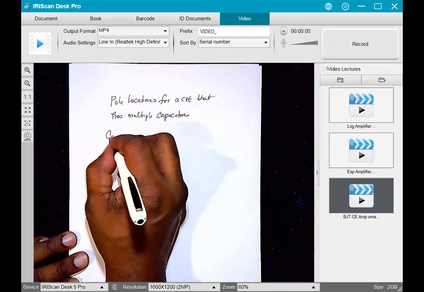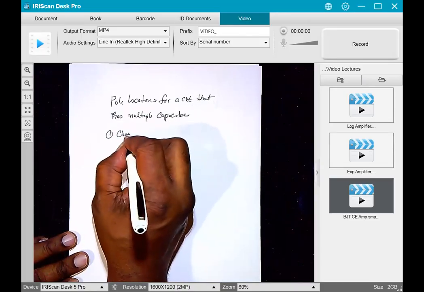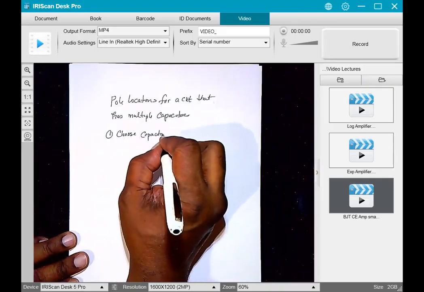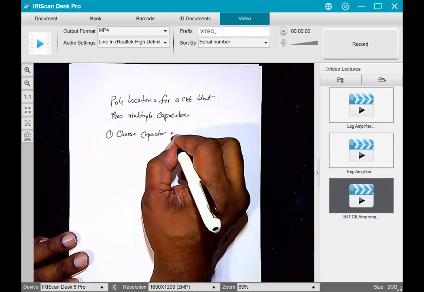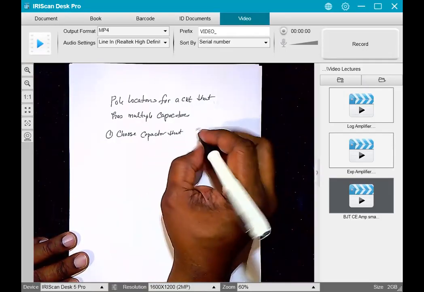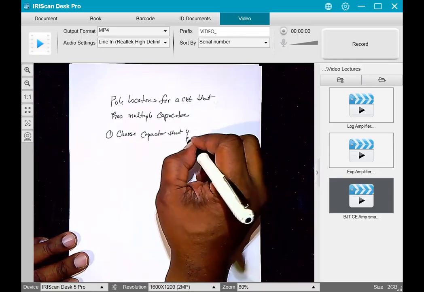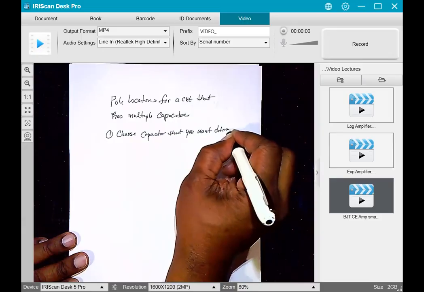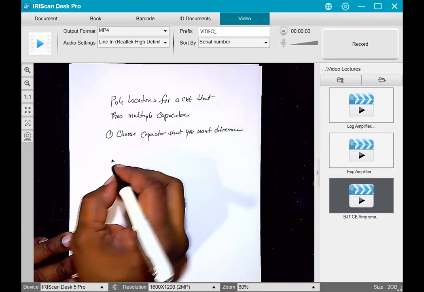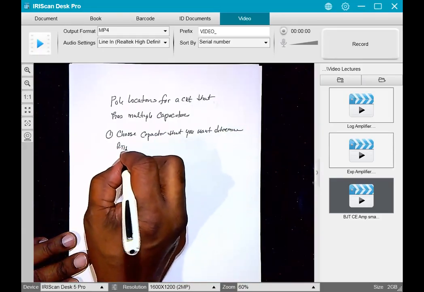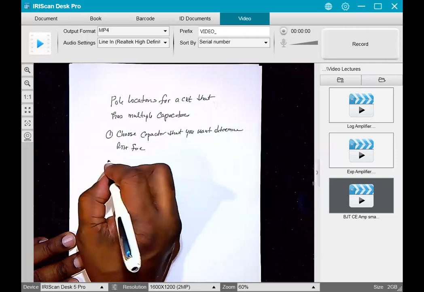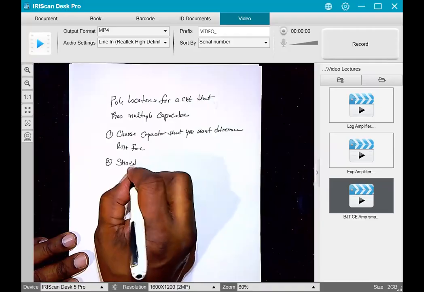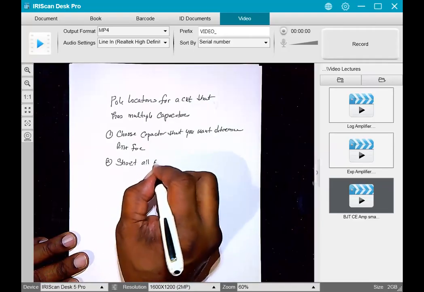So number one, you choose your capacitor that you want to determine our Thevenin for. And two, you short all other capacitors.